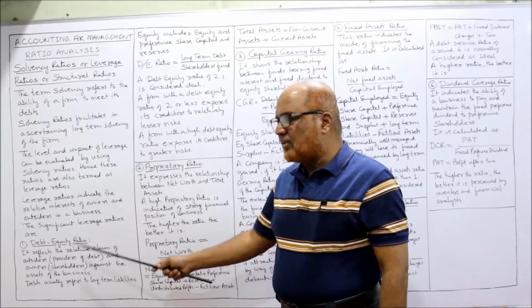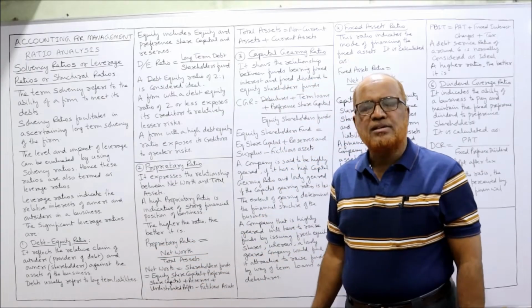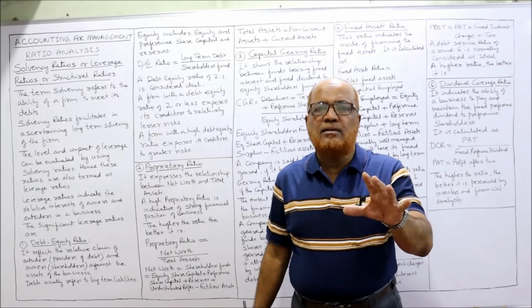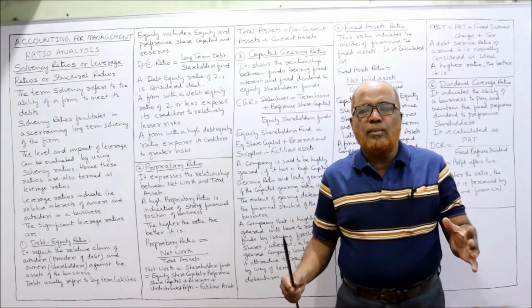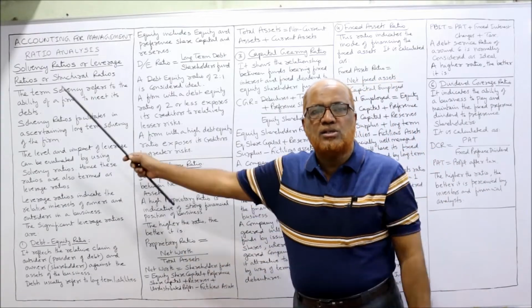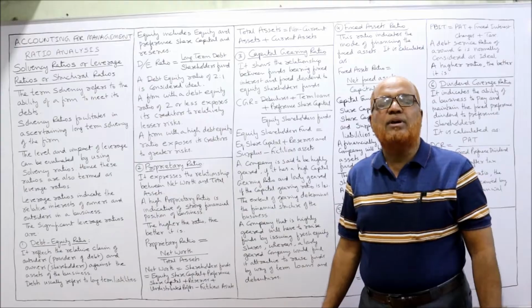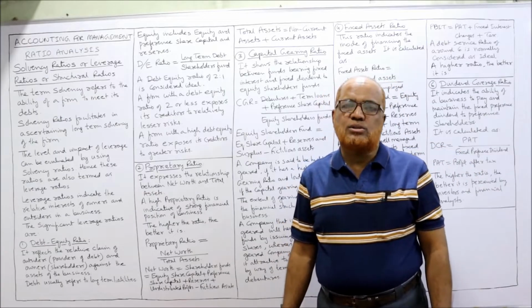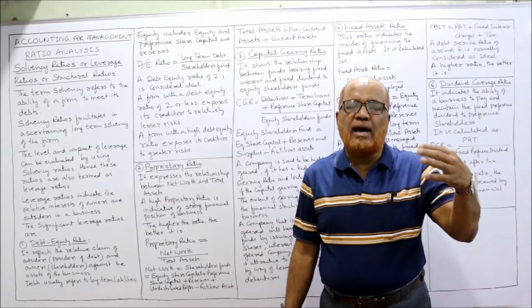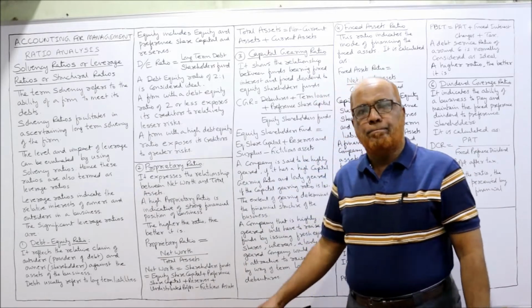The significant leverage ratios are as follows. See here, there are innumerable ratios. There is no limit to ratios. But normally, what are the ratios used to evaluate the solvency of the business? I am giving you six ratios. These six ratios are commonly used to evaluate the solvency of the business.